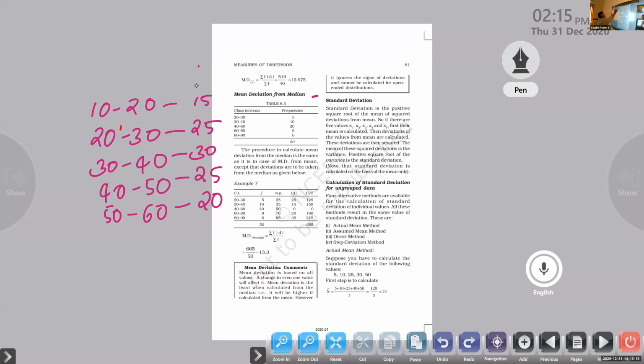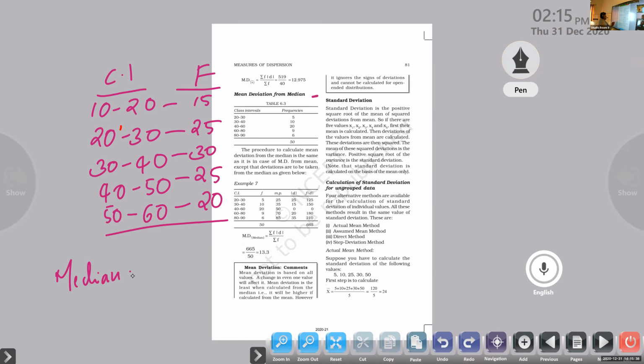Calculate. For the first step, find out the median.